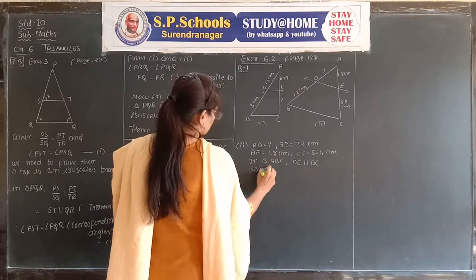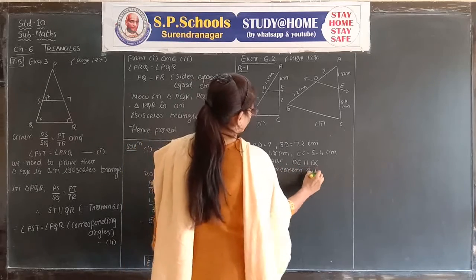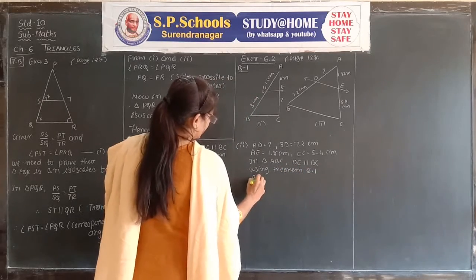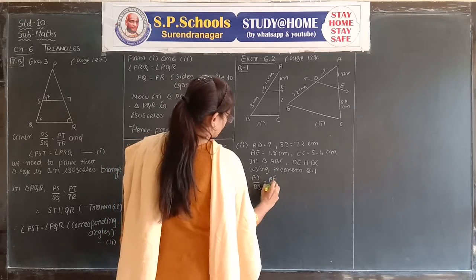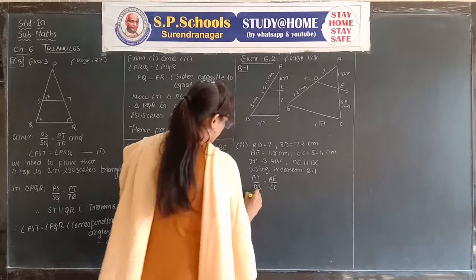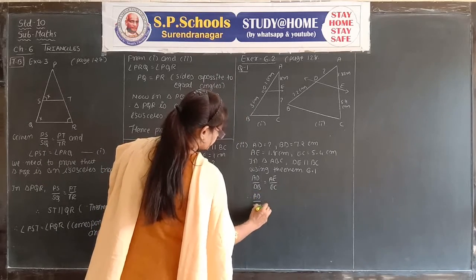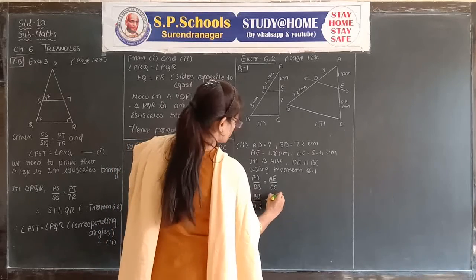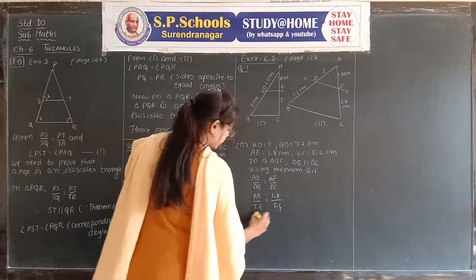Then using theorem 6.1, AD upon DB is equal to AE upon EC, where AD as it is, DB is 7.2, AE is equal to 1.8 and EC is equal to 5.4.